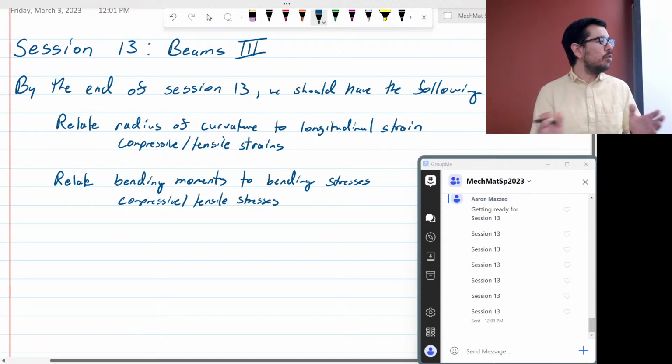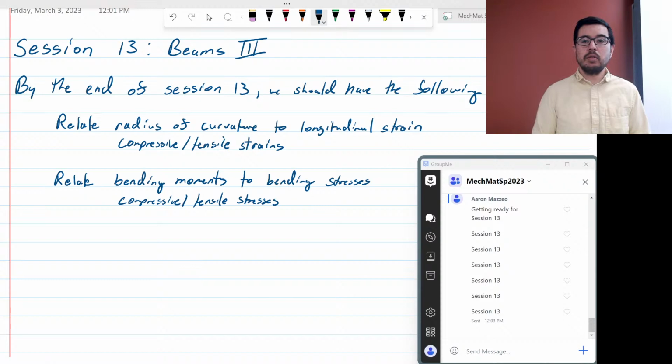En route to getting to this understanding, we're going to have to do a little bit of math. So you're going to see quite a bit of description, actually, on second moment of area.